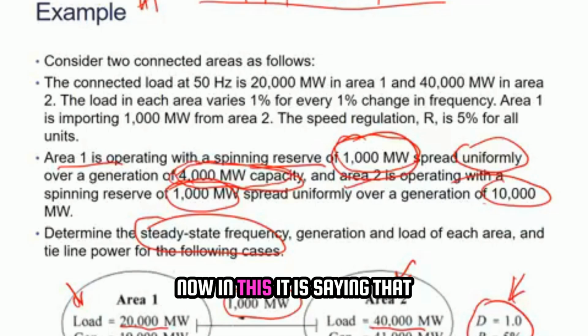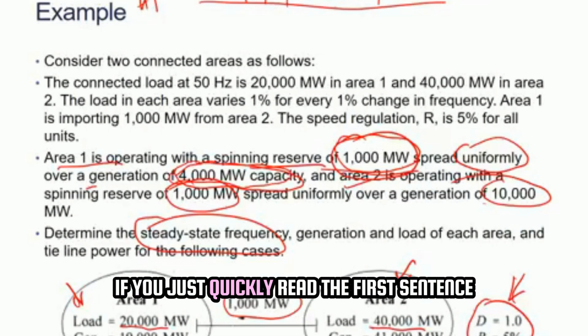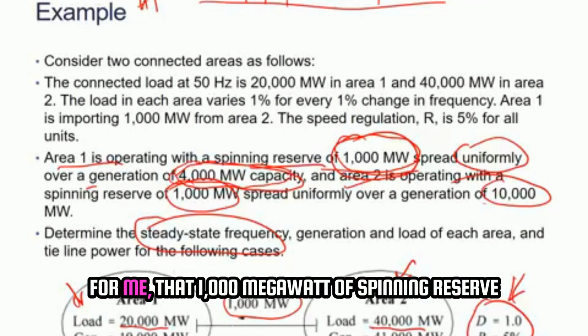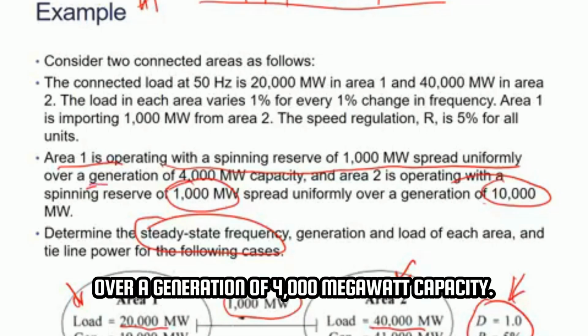Now, in this it is saying that 1000 megawatt of spinning reserve. If you just quickly read the first sentence for me, that 1000 megawatt of spinning reserve is spread uniformly over a generation of 4000 megawatt capacity.